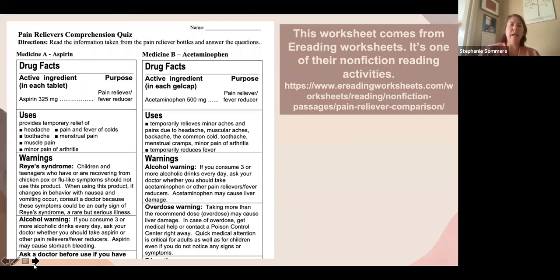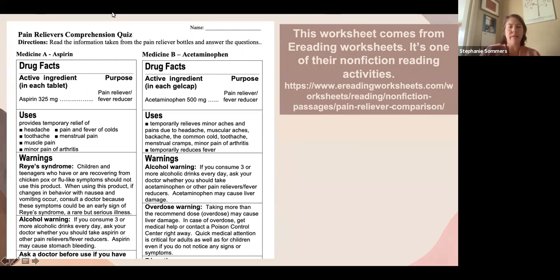I also was thinking about how you could maybe use medicine labels or food labels to do some of this work. So I found this particular activity from e-reading worksheets. It's part of their nonfiction reading activities collection. And thanks to Amber for chatting this out. So this particular worksheet, Amber chatted out the link.